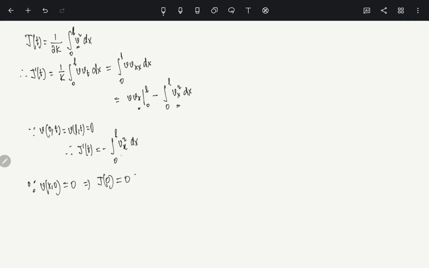Is this okay? See, this is a positive term. You have to understand this thing. Whatever v_x is, v_x squared is a positive term, and you are integrating a positive term, which remains positive. So J prime of t is actually going to be less than or equal to 0. It has to.